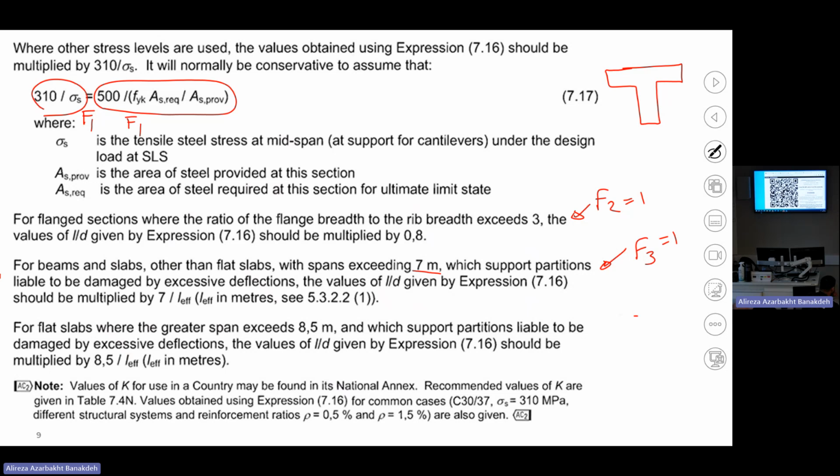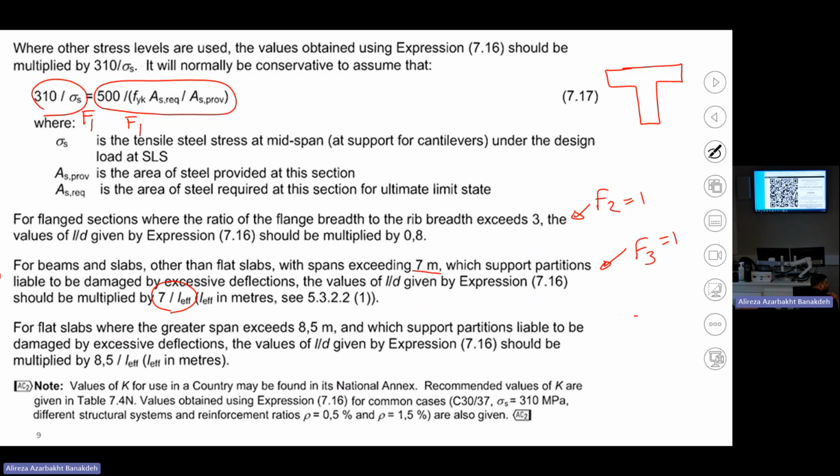So that's an amplification for taking into account this matter. The value will be 7 divided by L effective, which should be multiplied by 7 over L effective. Which is not the case here.